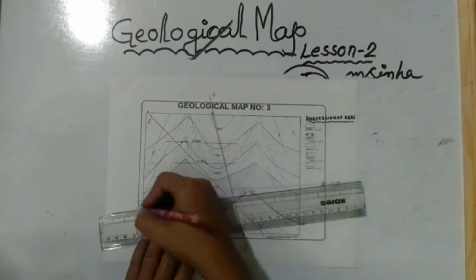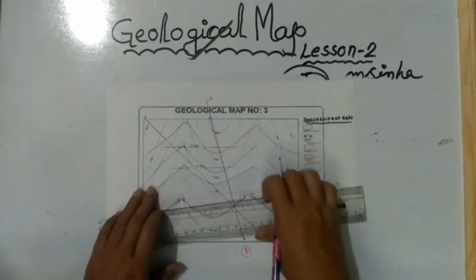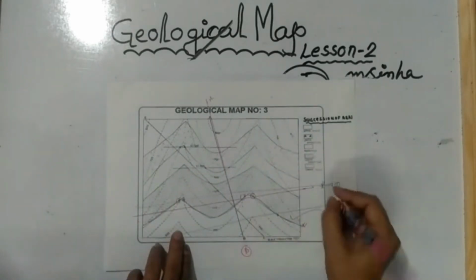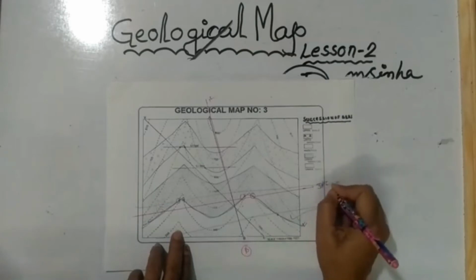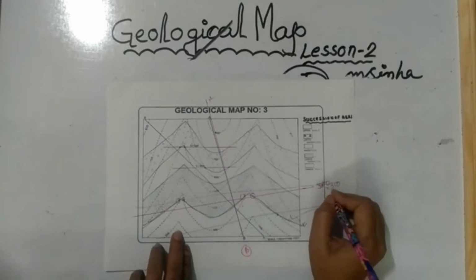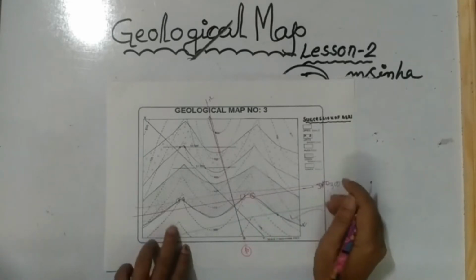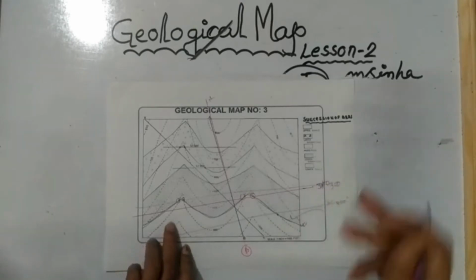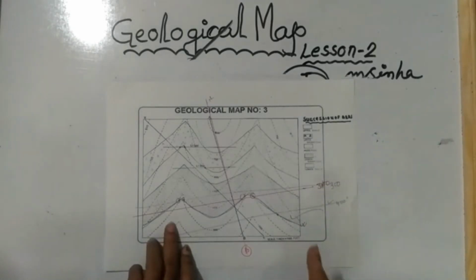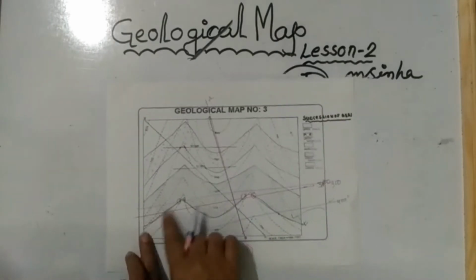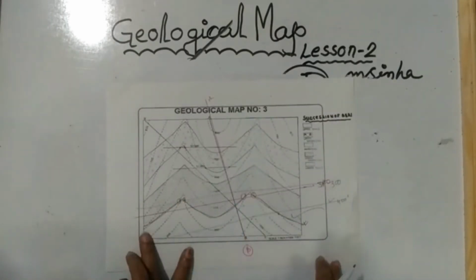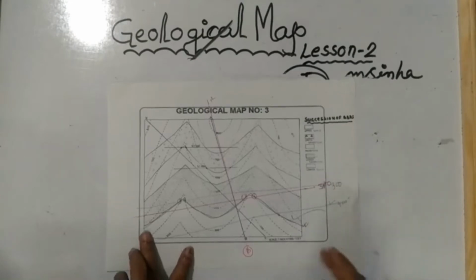Okay, cut that bedding plane, connect that point. The value of the contour is 300 feet. So the value of the strike line is 300 feet. Okay, then you have to identify the same bedding plane. If you go through the lower bedding plane, then you have to confine yourself within the lower bedding plane and go for another contour which intersects that bedding plane. Suppose this is a contour.